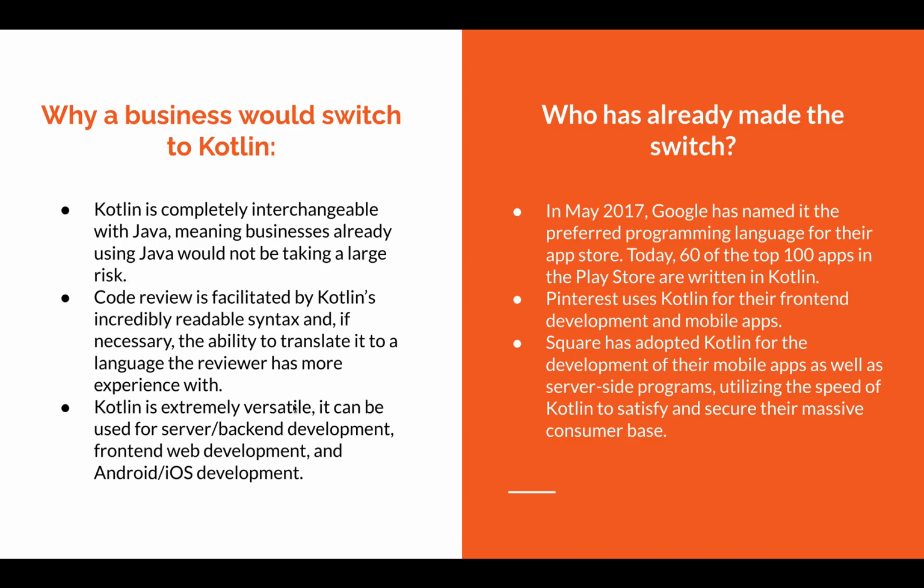Going right into code reviewing. Kotlin is incredibly readable. Even if someone doesn't have a lot of experience programming in Kotlin, going line by line and analyzing it logically, it's not difficult to understand what the programmer is trying to accomplish with their code. Now, say someone is a little stubborn and they have been programming in Java for decades.